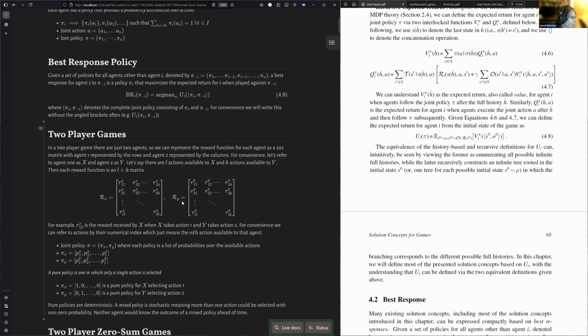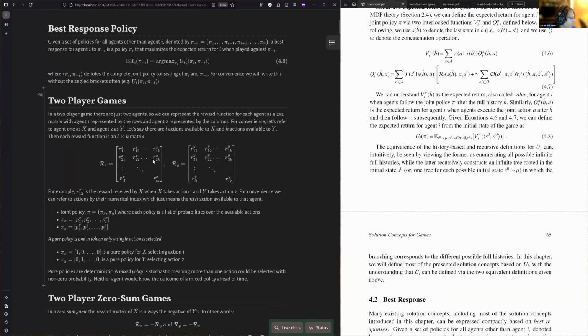This is the reward for player y. And I'm just using this notation where I have each element of the matrix and I have the superscript distinguishes whether it's for x or y. So what this means is, this is the reward player x gets if x and y both select action 1. And similarly for all of the others. So this means that after both players select their action, we can consult these matrices and then find out what the joint reward is.